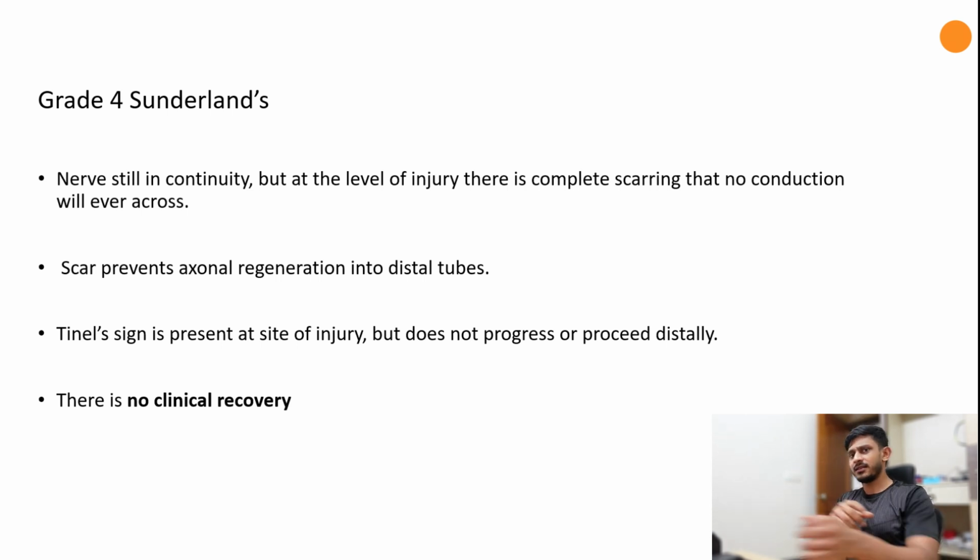So at the level where the nerve is cut, the Tinel sign will be present because the nerve will attempt to form the sprouts, but the sprouts will not be able to progress forward. So Tinel sign will be positive at the level at which the nerve is cut, and it will not progress. It's called static Tinel sign. Then there's usually no clinical recovery in Sunderland grade 4.